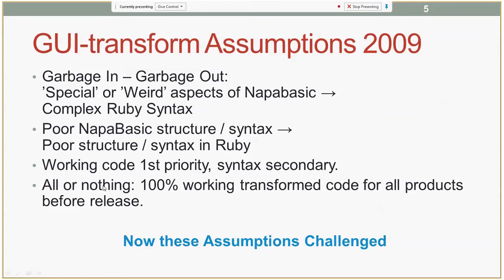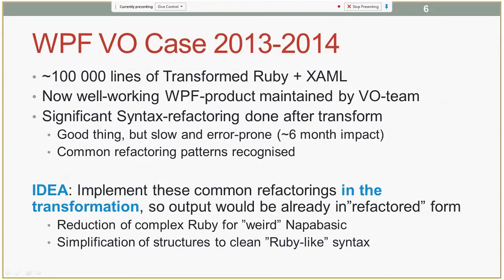Also, we assumed at that time that we would run the transformation for all of our products, for everything we have in NapaBasic, and release all the products in the VPF version at the same time. Now all these assumptions have been challenged. We have been releasing products and taking a more stepwise approach. And this presentation is about the assumption of necessarily having complex Ruby syntax.